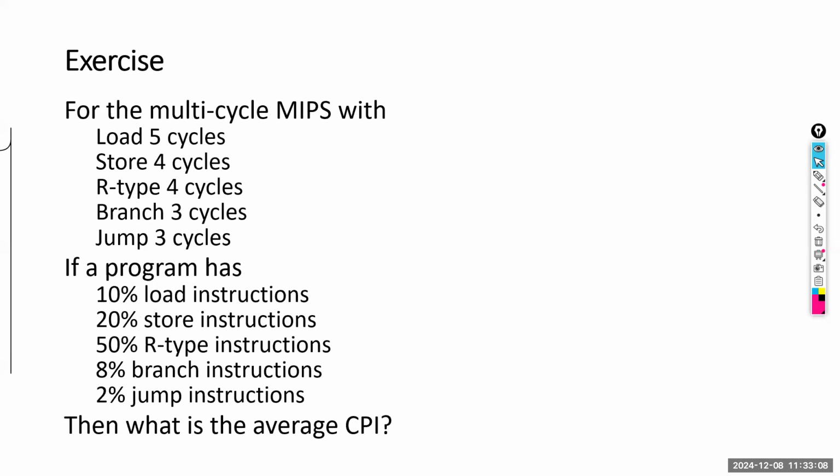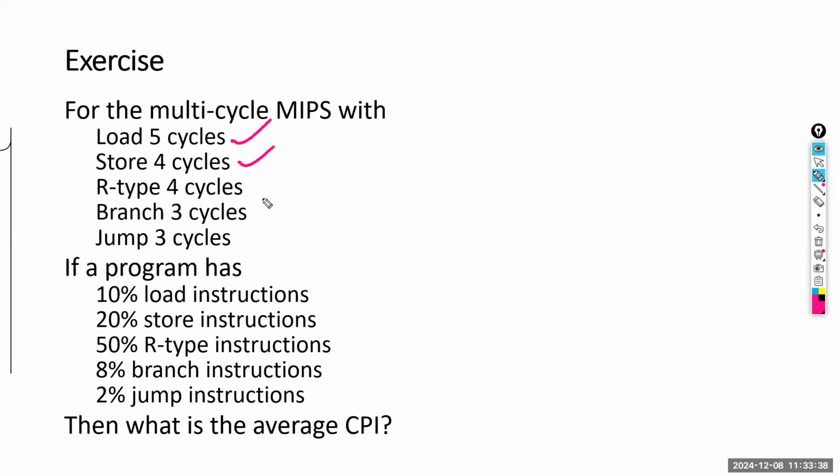Right, so this is another example. This is one of the past paper questions, a little bit older past paper. For the multi-cycle MIPS, load takes 5 cycles. You have load, store, add, sub, those kinds of instructions at assembly level. So if it is a load instruction, this particular computer takes 5 cycles.